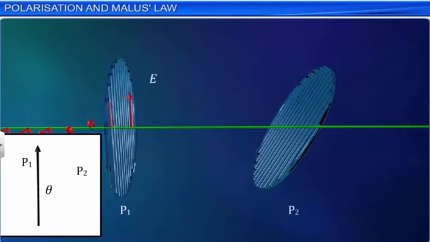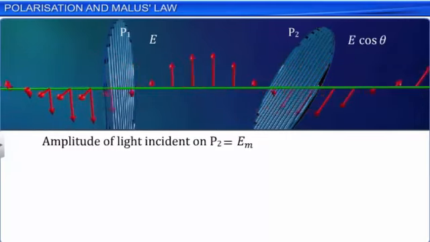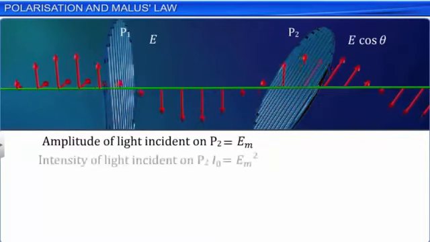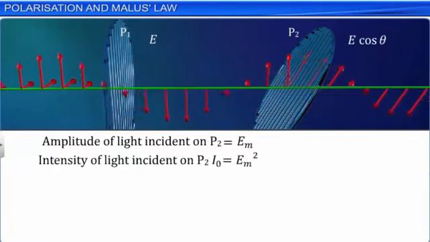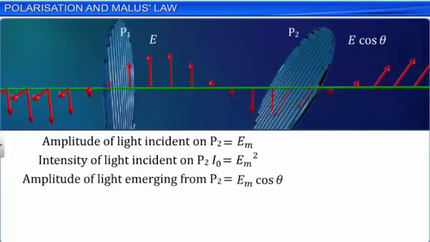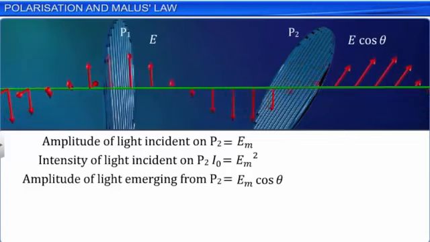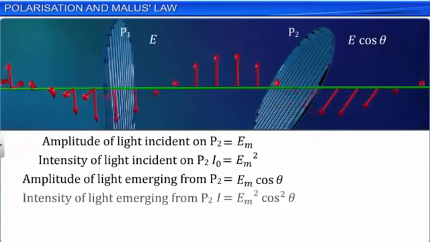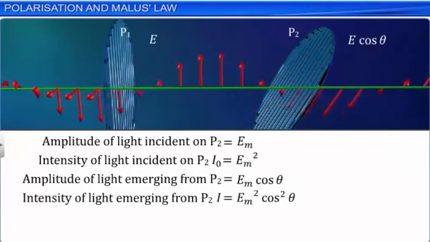the component of E parallel to the pass axis of the Polaroid P2 is equal to E cos theta. If Em is the amplitude of the light incident on the Polaroid P2, then its intensity I0 is equal to Em squared. The amplitude of the light emerging from the Polaroid P2 is then equal to Em cos theta, and the intensity of light I emerging from P2 is equal to Em squared cos squared theta.